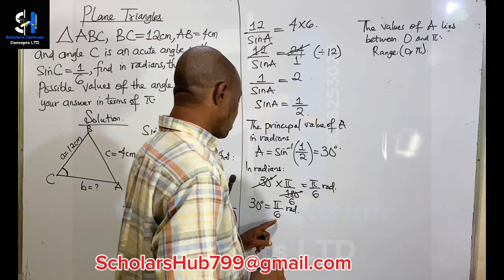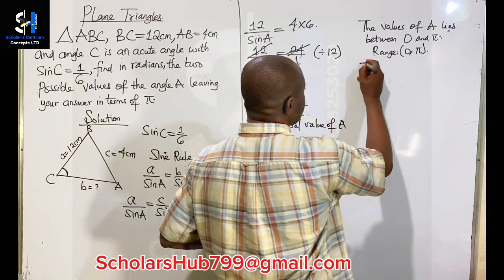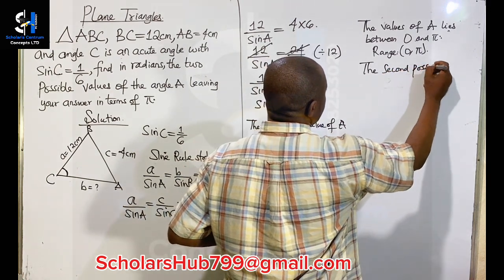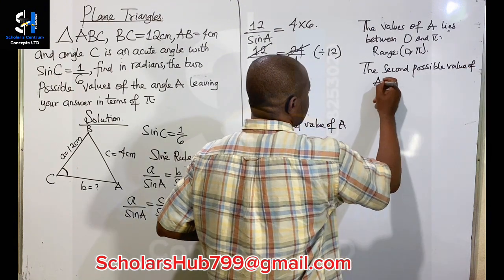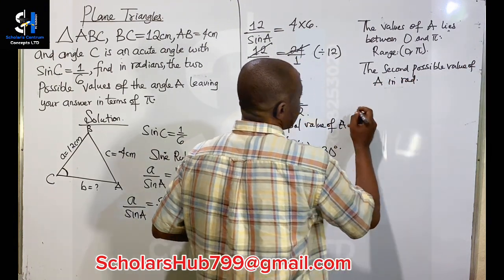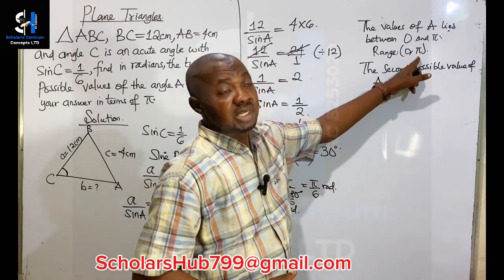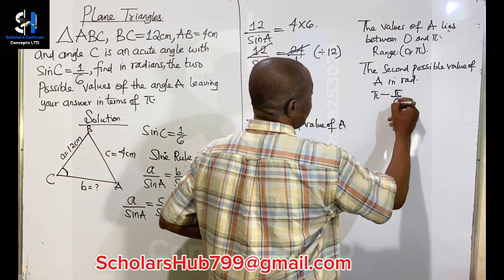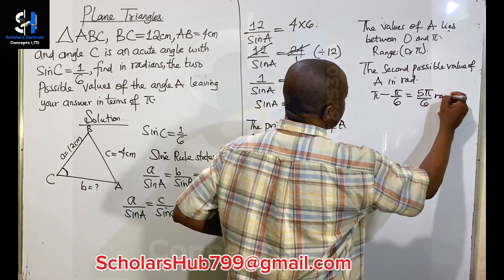So we just found the first value. The second possible value of angle A in radians will be when we have pi, which is just like the greatest value, so pi minus pi over 6, and this will be 5 pi over 6 rad.